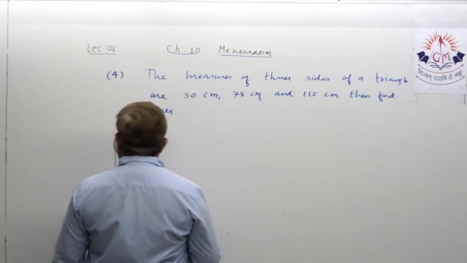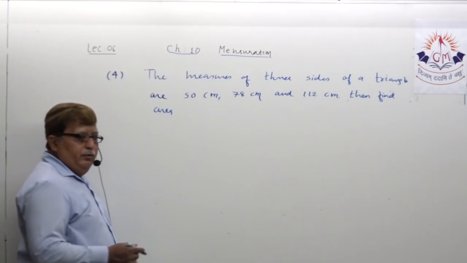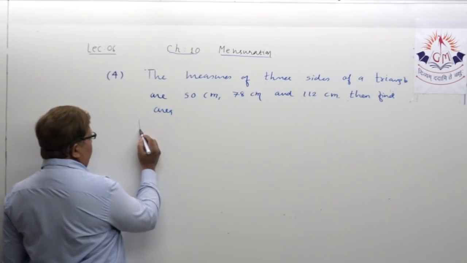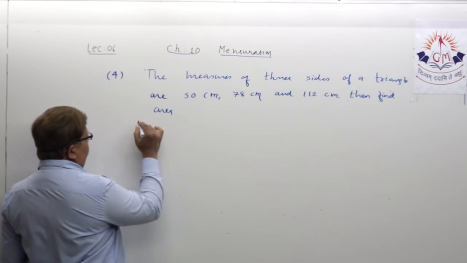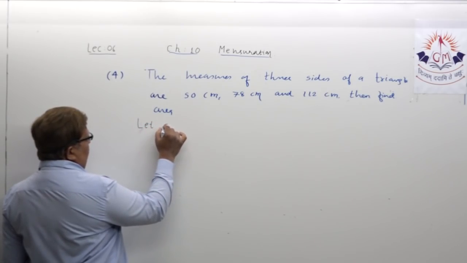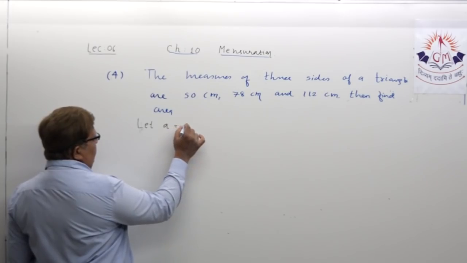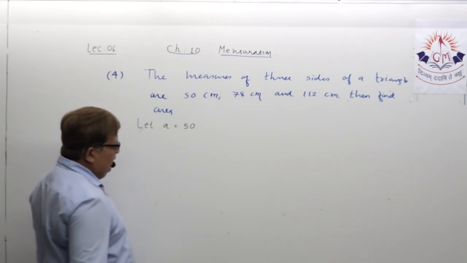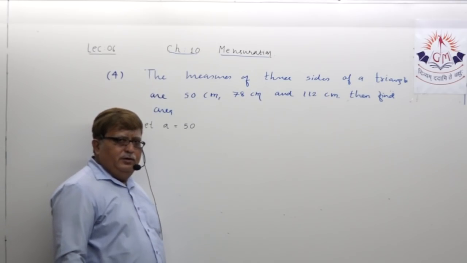Okay. Now as you know, three sides are given. So what you will write? Let A equal, one side we will take as A, 50. If you don't write centimeter here, it's okay.